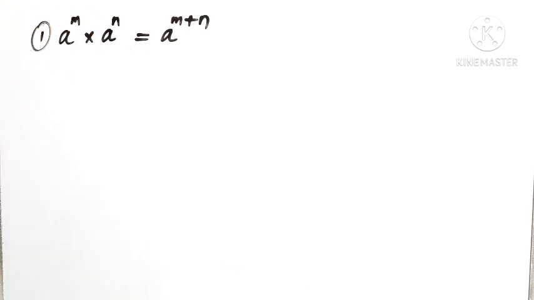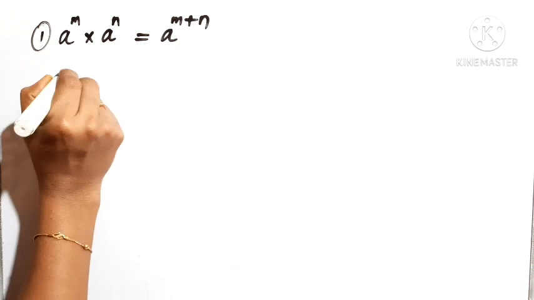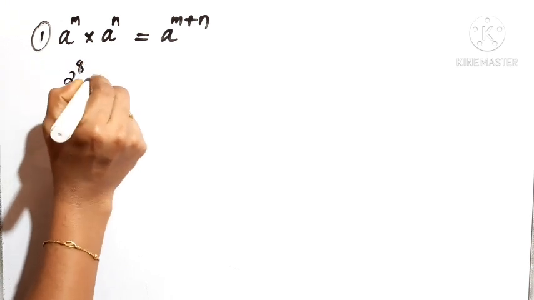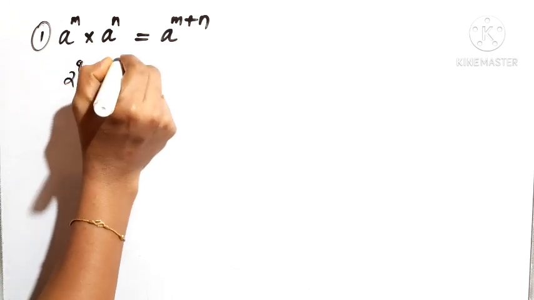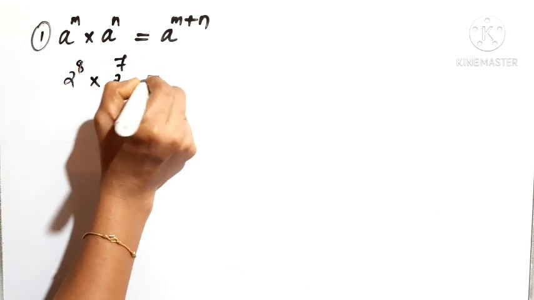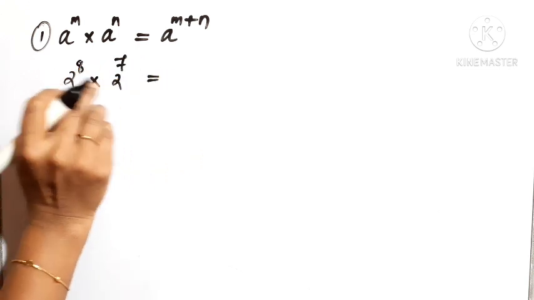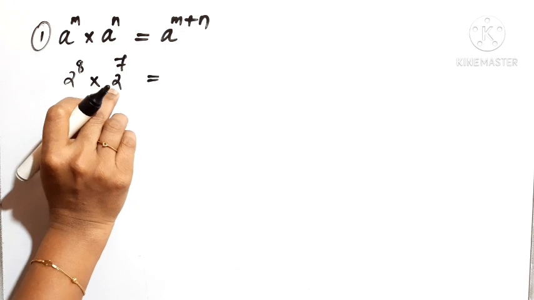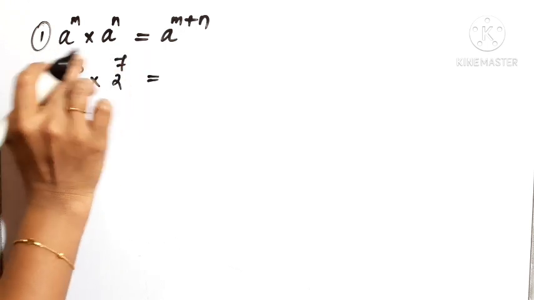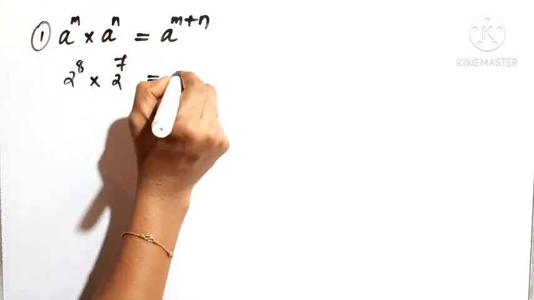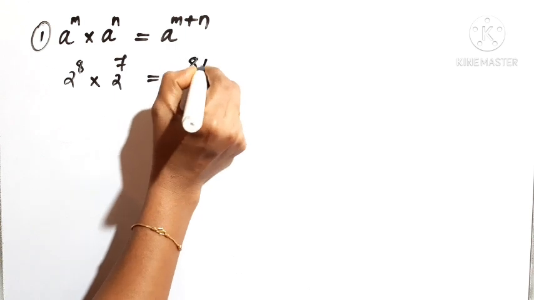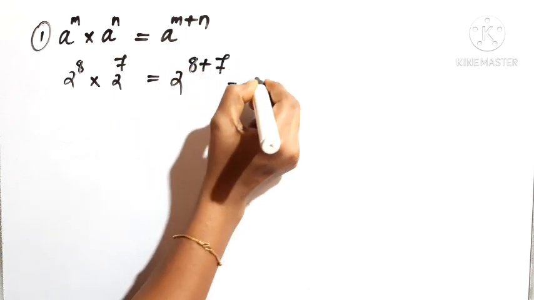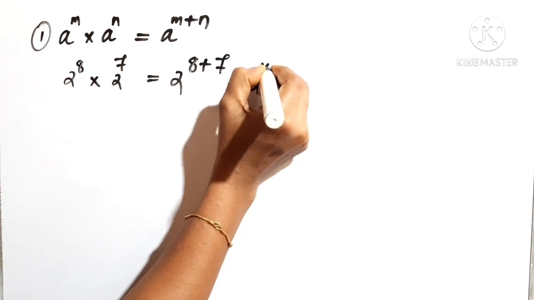Okay, see children, for example, 2 raised to 8 into 2 raised to 7. Here we can see equal base 2. Bases are equal, right? Exponents are different, 8 plus 7. Answer becomes 2 raised to 8 plus 7 equals 2 raised to 15.